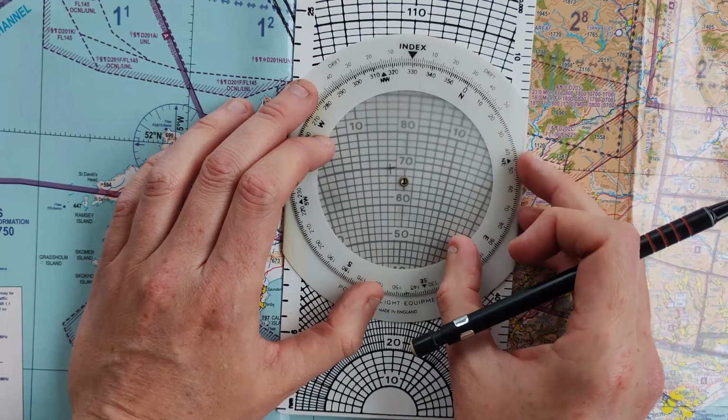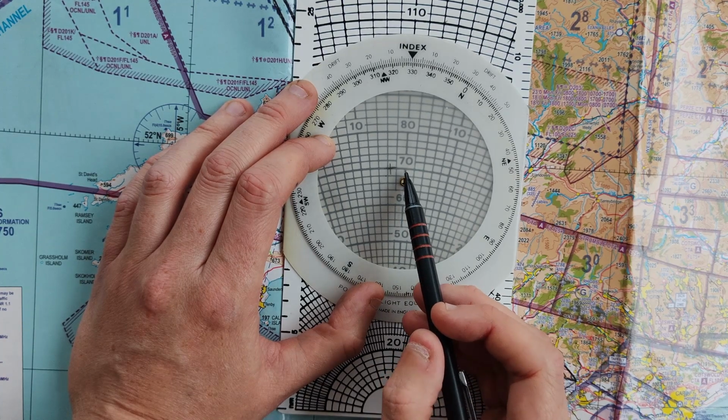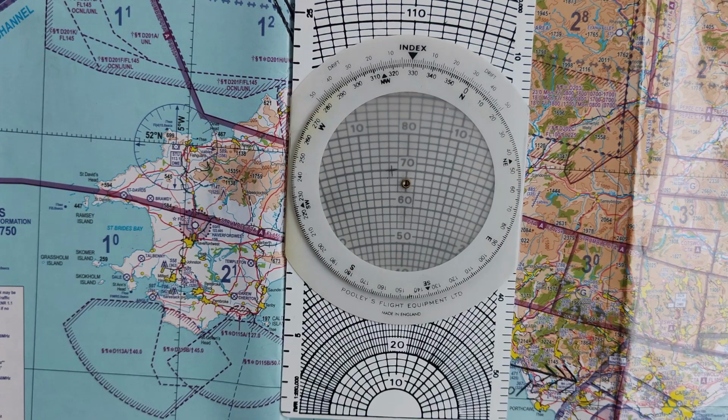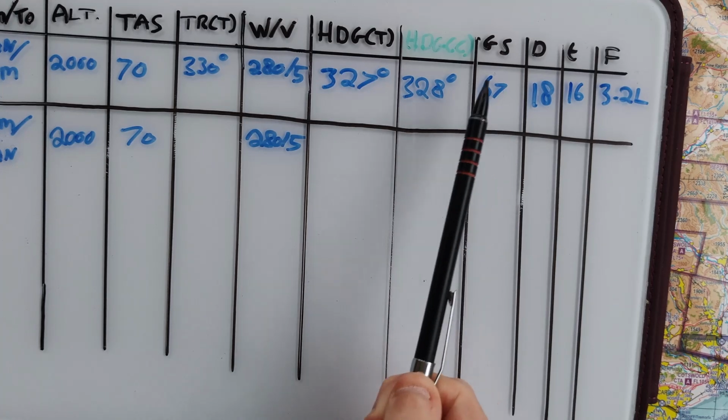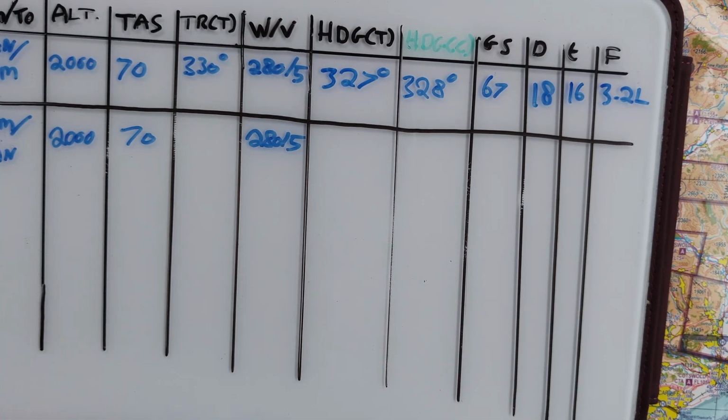So we can see that our ground speed is reduced to 67 knots, and we can measure our drift angle as 1, 2, 3 degrees, which means it reduces our heading by 3 degrees. 67 knots and reducing our heading by 3 degrees.